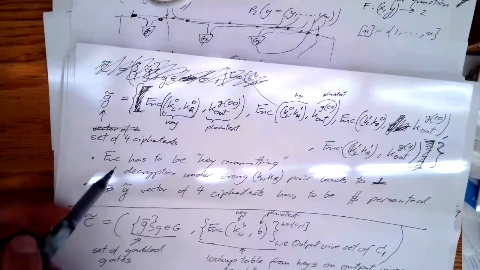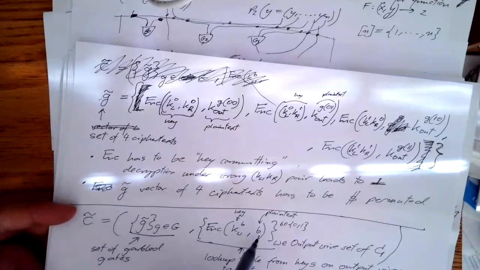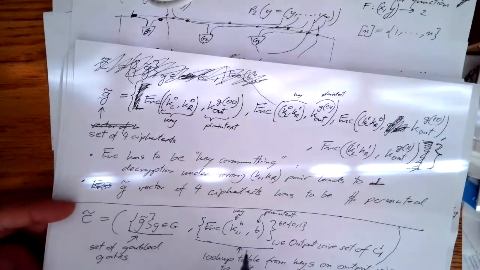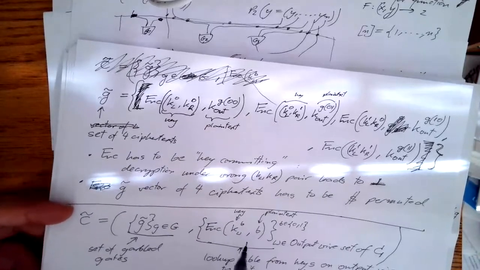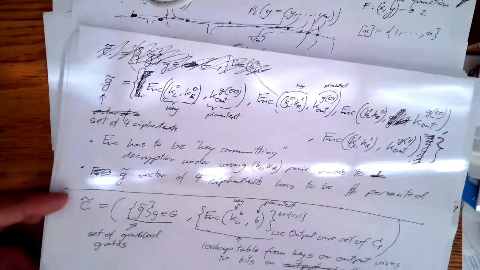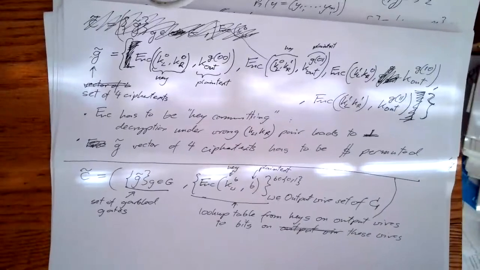Again, it is a key committing encryption, and it gets the output bit. So this can be implemented in many ways. It's very simple, and that's it.